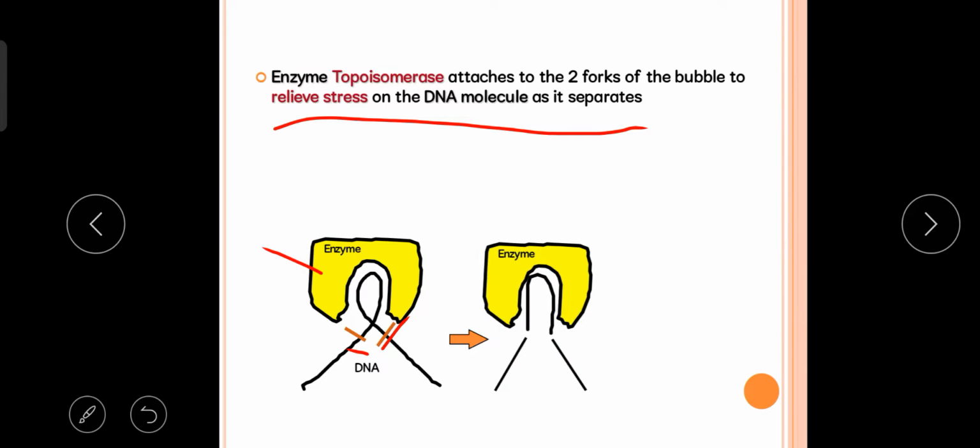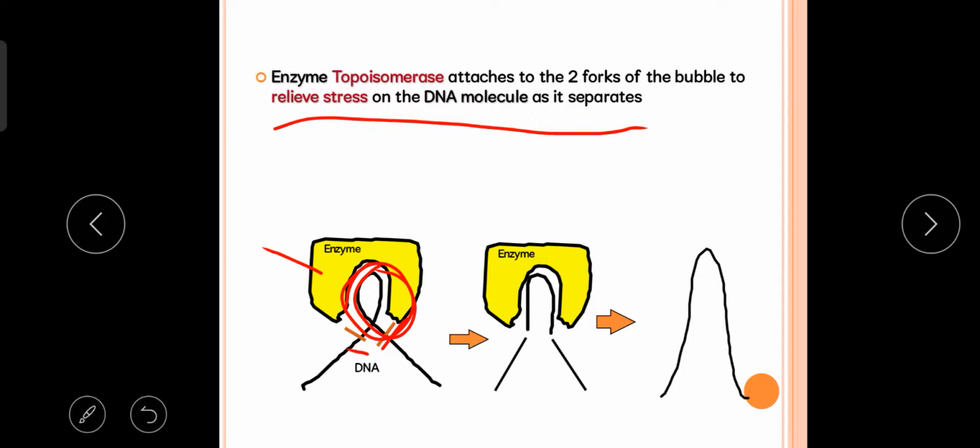It cuts both the strands. Then this type of coiling is now relieved. So this way it will make a completely uncoiled part.